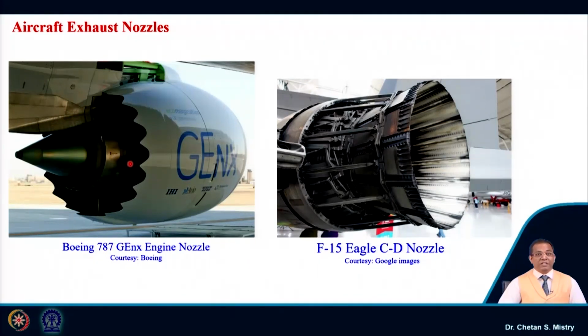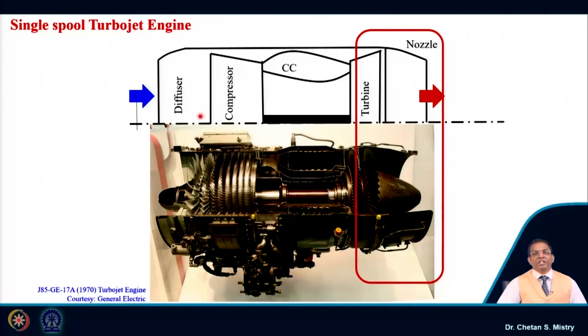When we discuss the configuration of the turbofan engine, at that time we will discuss these aspects in detail. But at this moment, for this turbofan engine, this is the kind of configuration. For the turbojet engine, if you look here, this is what we define as our exit nozzle.